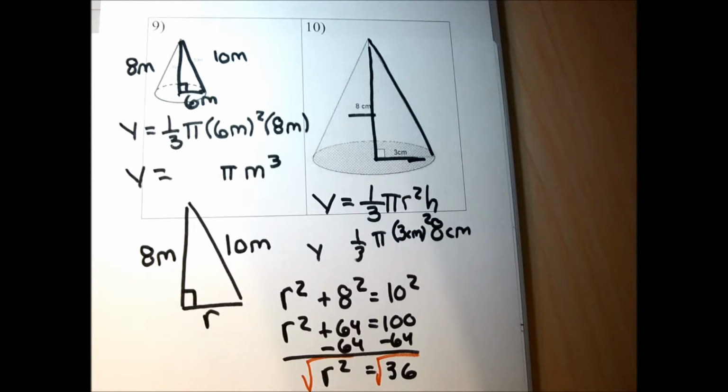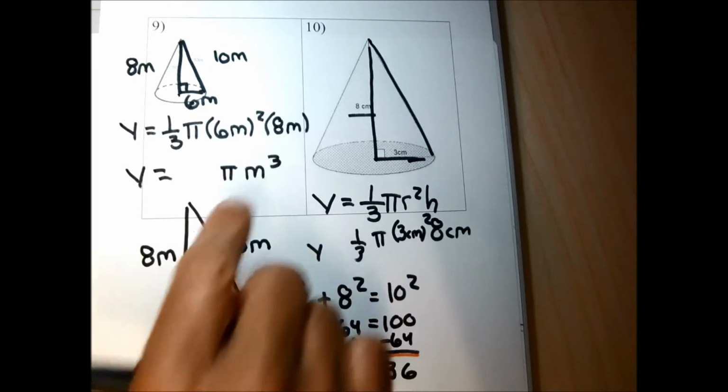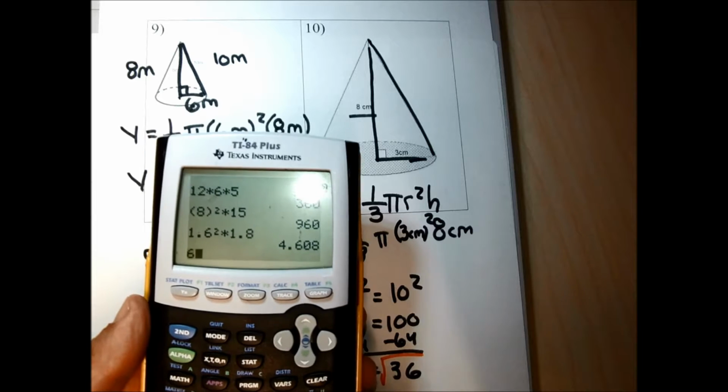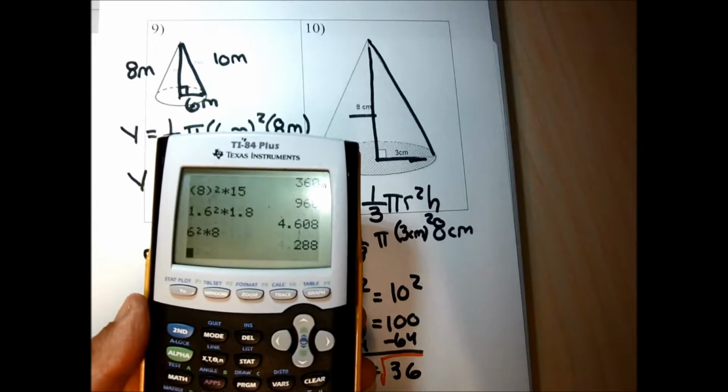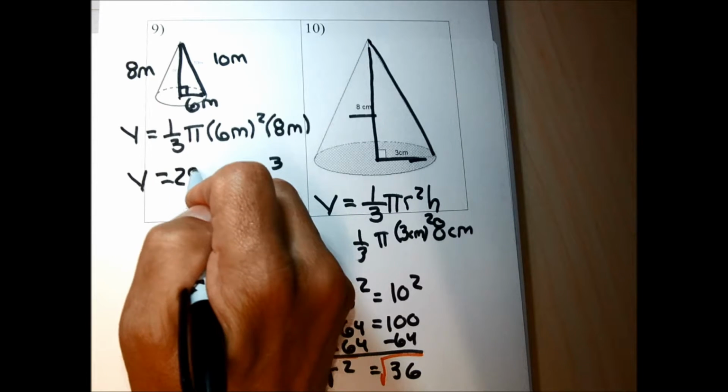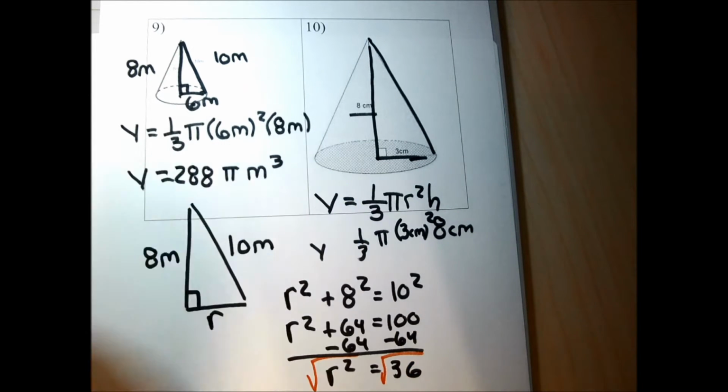Units for volume are always cubic units. Since these are meters, I'll get cubic meters. Pi is going to stay. I'm going to multiply 6 squared times 8, and I get 288. So the volume of this cone is 288 pi cubic centimeters. Whoa. 6, 8, 10, that's completely right.